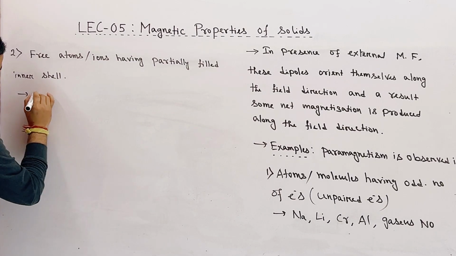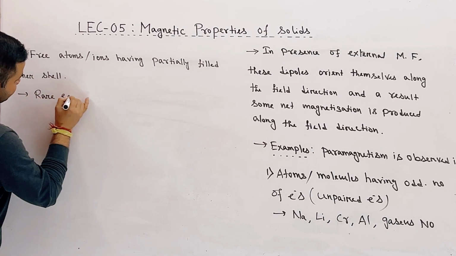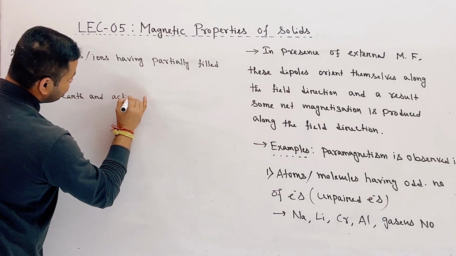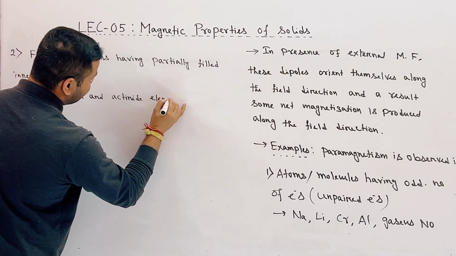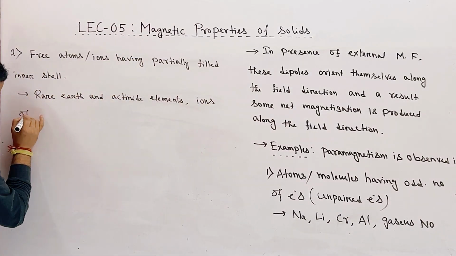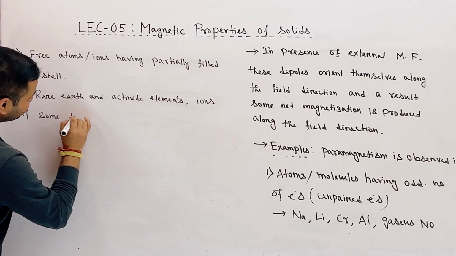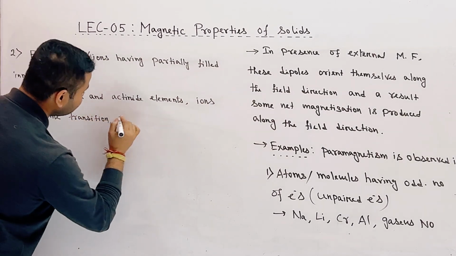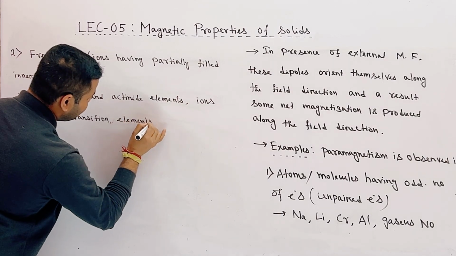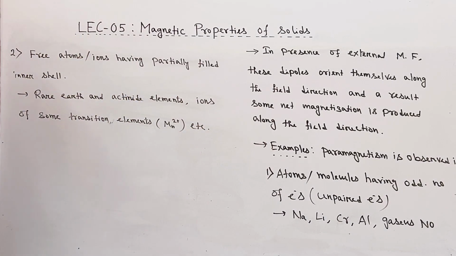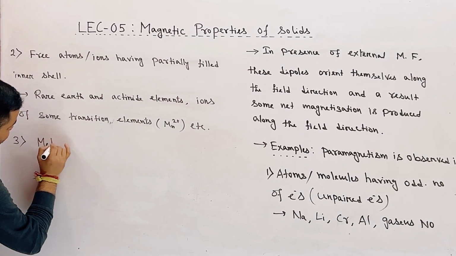For example, rare earth and actinide elements and ions of some transition elements like Mn2+, etc. In addition to this, most of the metals also show paramagnetism property.